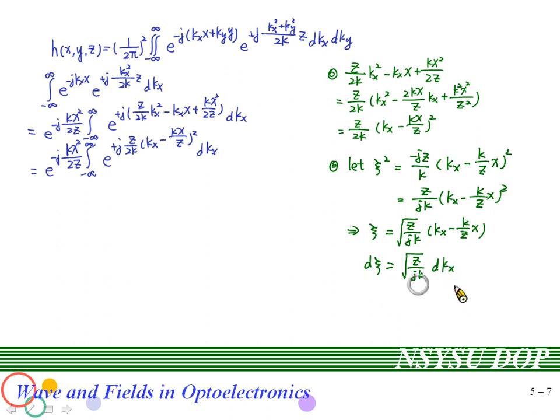So according to this relationship, we can know that dkx can be written as square root of jk over z times dc. So by this relationship we have obtained, let us replace this one by this one. So let's do it. According to this relationship shown here, the above integral can then be written in the following way.